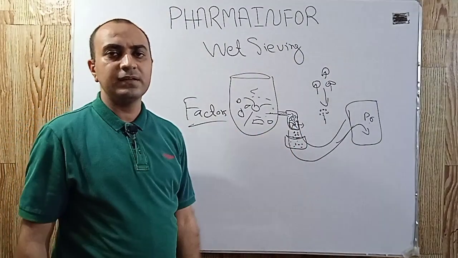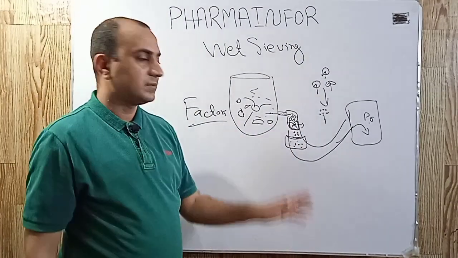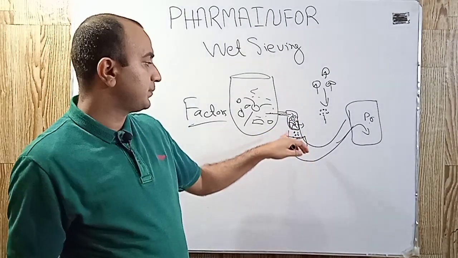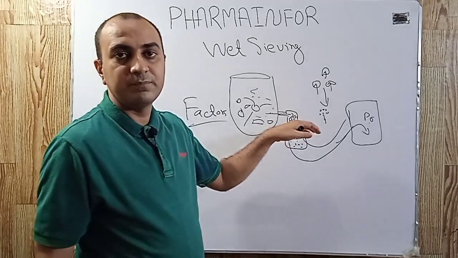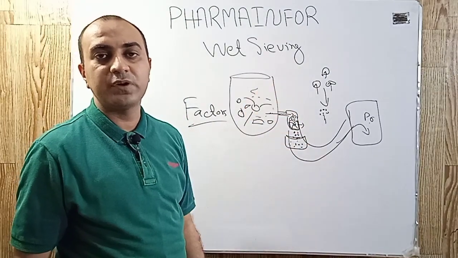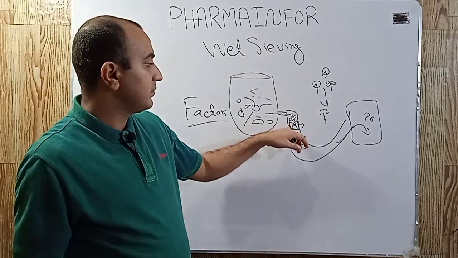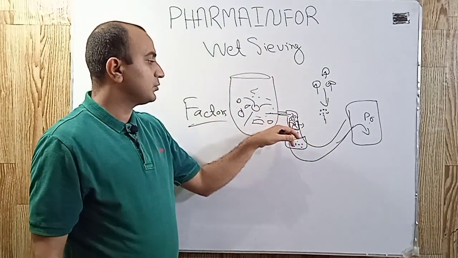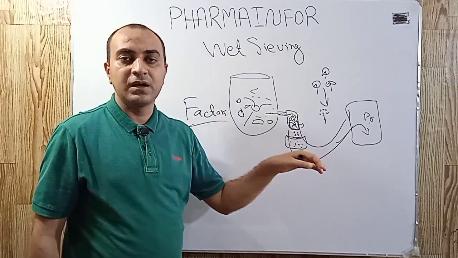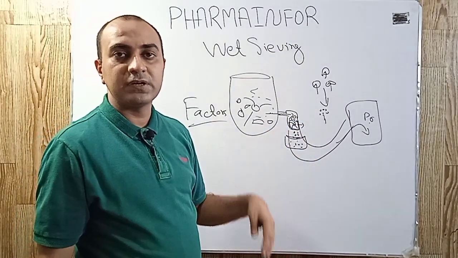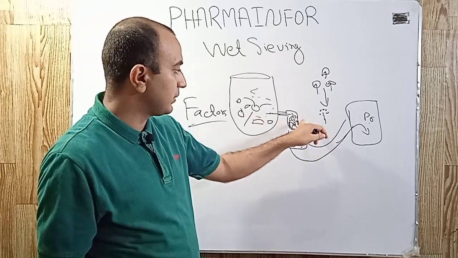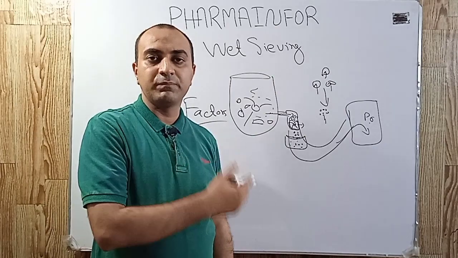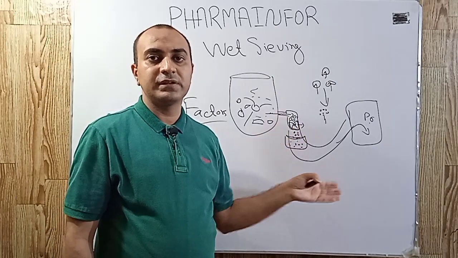Basically, milling speed may affect this step, because if we use a very high speed, our mill will break the lumps into very fine granules, and if we use a very slow milling speed, our lumps may not be properly broken down. So we should use an optimum milling speed during the wet sieving step.